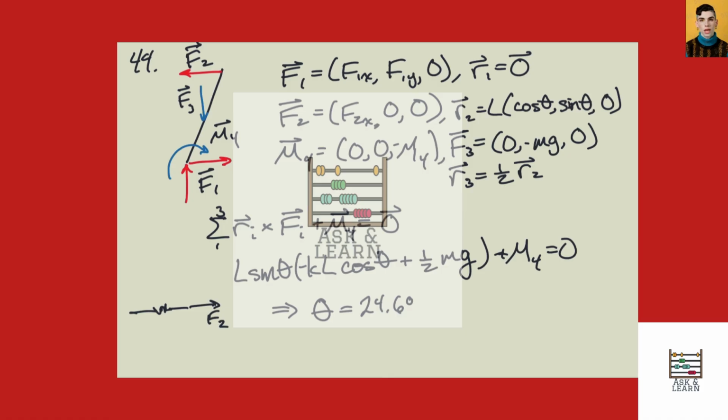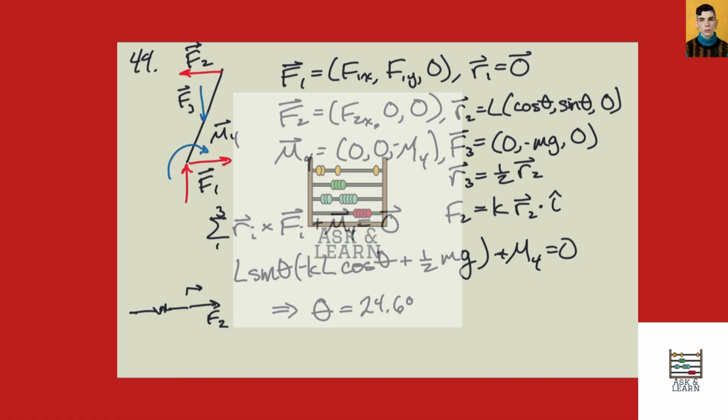If this is positive theta, then F2 equals K times the X component of R2, so R2 dotted with i, which is L cosine theta, and that's where this term comes from. So KL cosine theta.